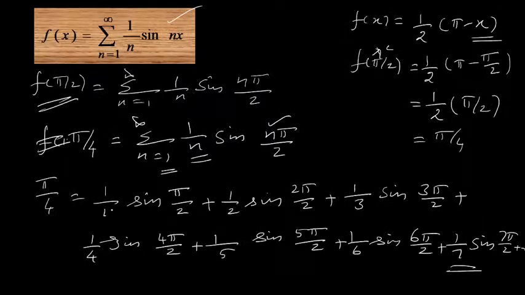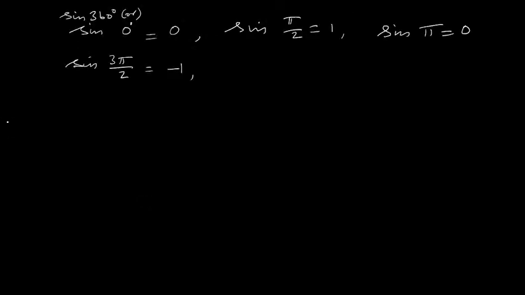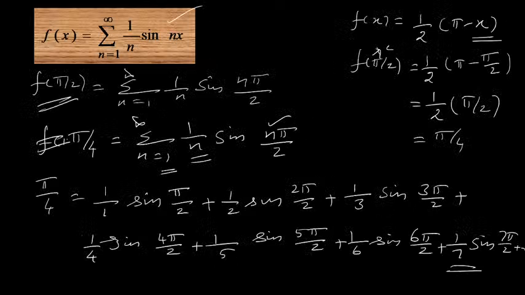Now, sin pi by 2. The value of sin pi by 2 is 1 itself. So the first term, pi by 4 is equal to, the first term is 1. Next plus, coming to the second term, sin 2 pi by 2 is nothing but sin pi.